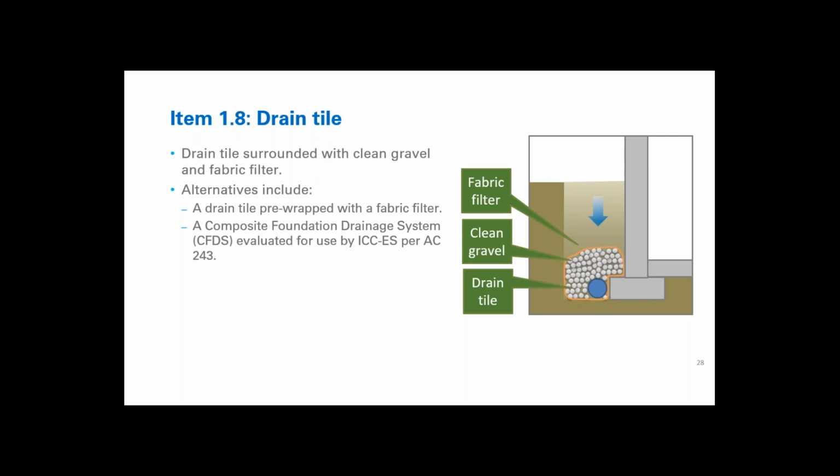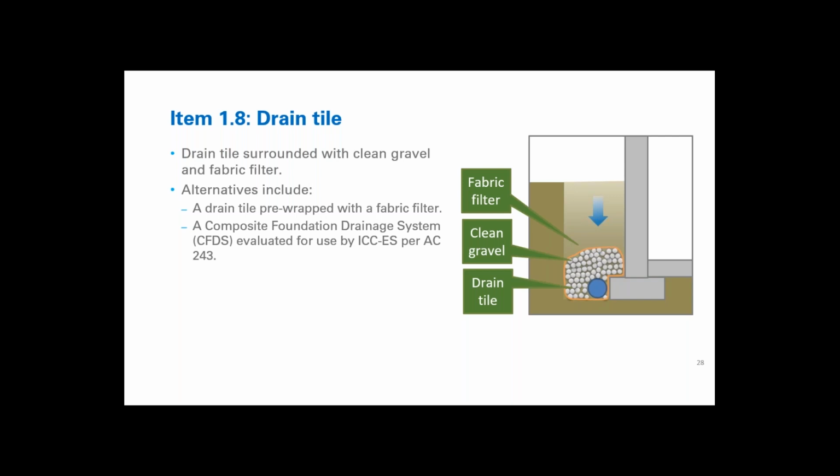Again, drain tile is a really solid, bulletproof solution, but there is an alternative, and that's using a drain tile product that is pre-wrapped with a fabric filter. This type of product can reduce the labor on site required to manually surround the drain tile with gravel and wrap it with a filter. So let me just break that down for a second.